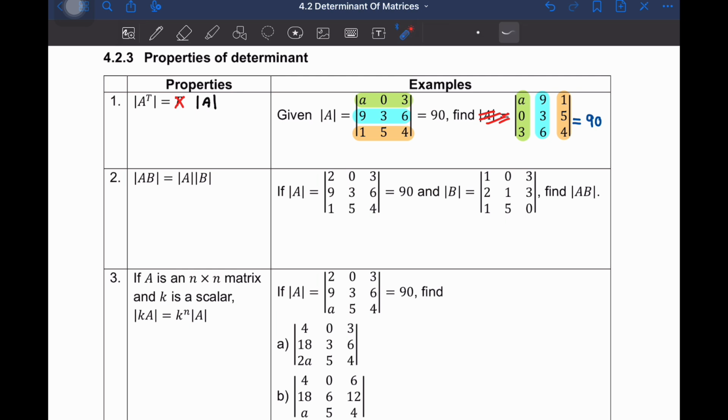Alright, and then the second property. If we have two matrices multiplied together, the determinant of these matrices is equal to the determinant of A times the determinant of B. Let's say over here I have determinant of A equal to 90, and determinant of B is equal to 12.